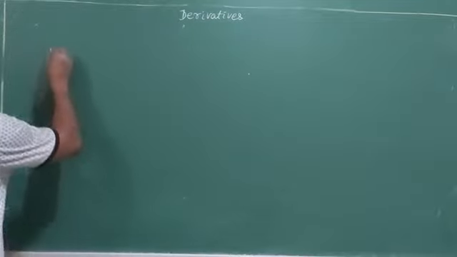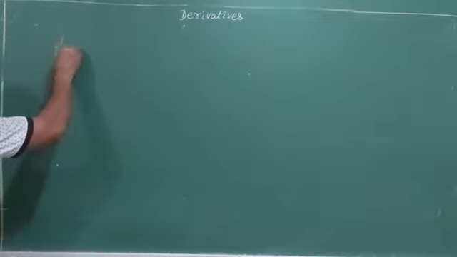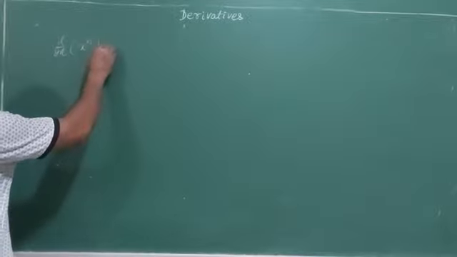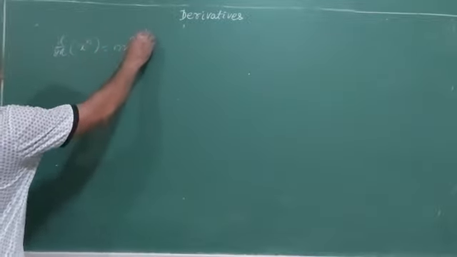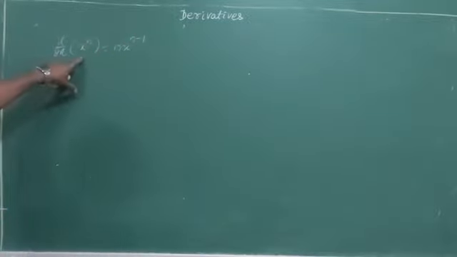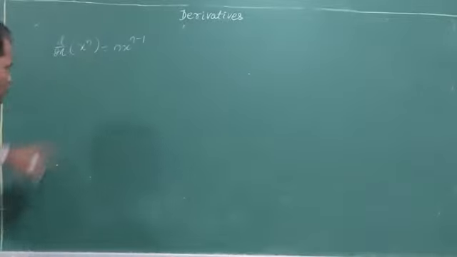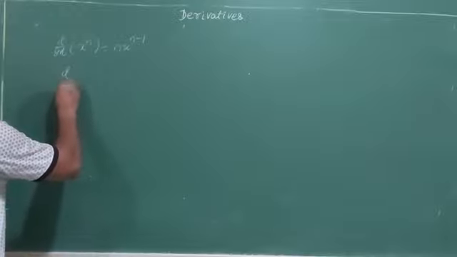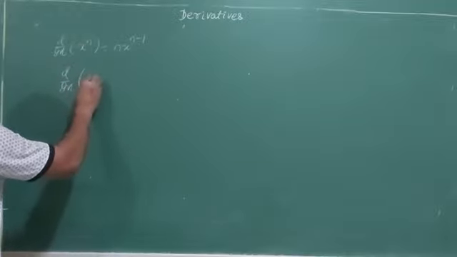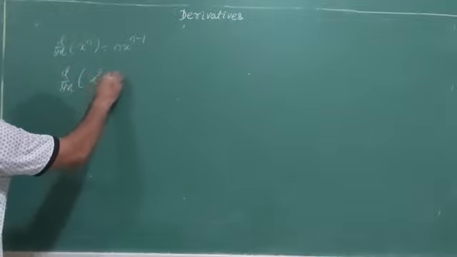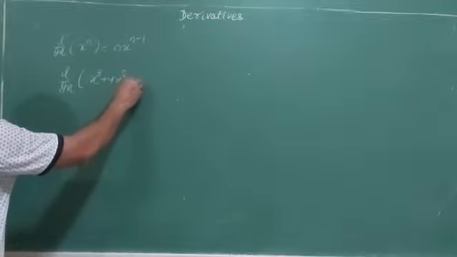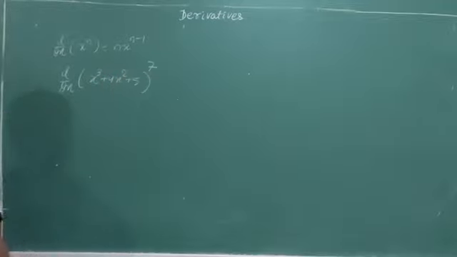You know the formula d by dx of x to the power n. What is the formula? n x to the power n minus 1. You can say this is a variable and this is a constant. That can be any derivative. Suppose instead of this I write d by dx of x cube plus 4x square plus 5 to the power 7.